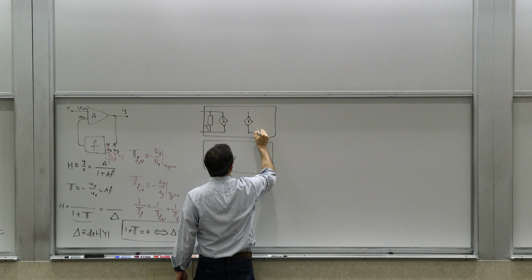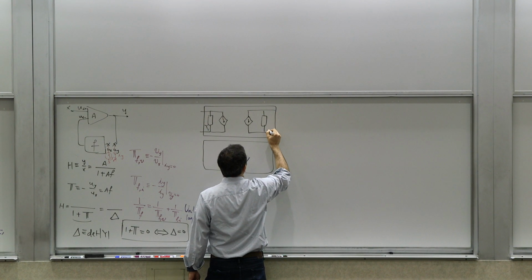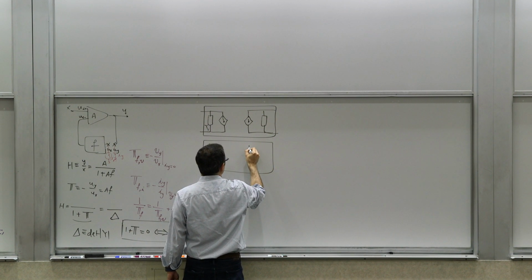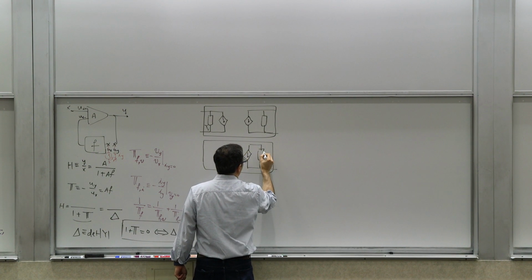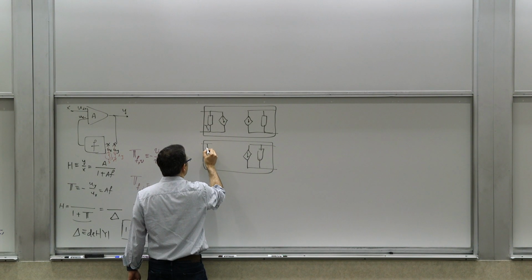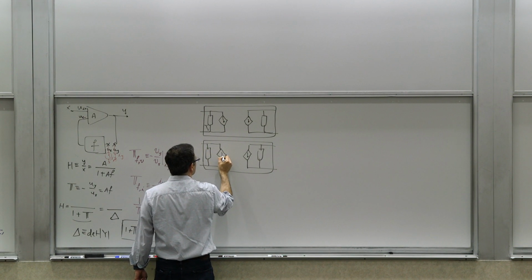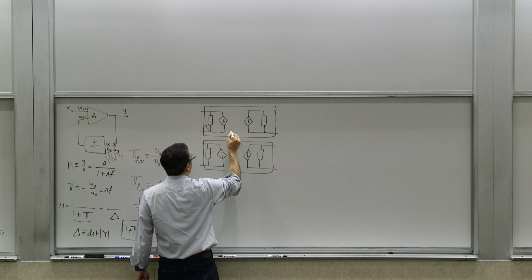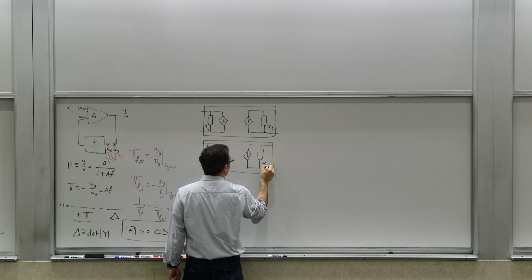So you have a dependent source at the input that depends on the output, and a dependent source at the output that depends on the input. And your feedback network in general also is bilateral, meaning that there's a signal flow from the input to the output and from the output to the input. So let's call these Y1, Y2, Y3, and Y4.